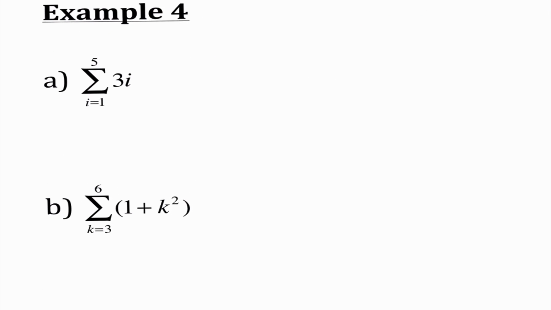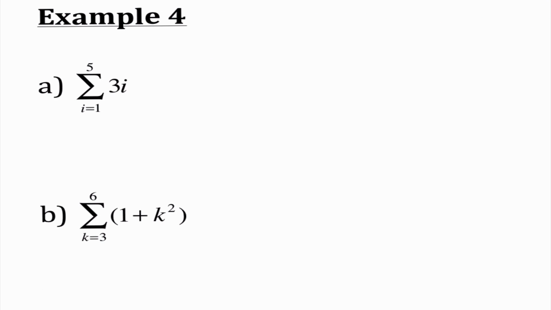So number 4. This is telling me that I need to find from the first term to the 5th term. So I'm going to write a sub 1 plus a sub 2 plus a sub 3 plus a sub 4 plus a sub 5. That's what it's asking me to do. Now we need to find each of those terms separately, which is what we just practiced in those first few problems.